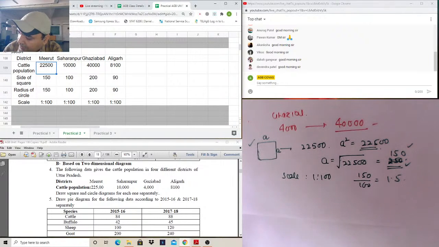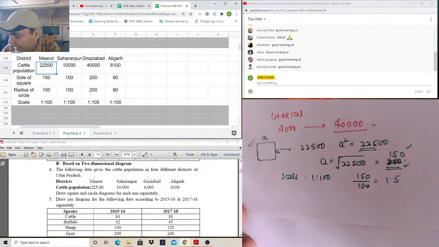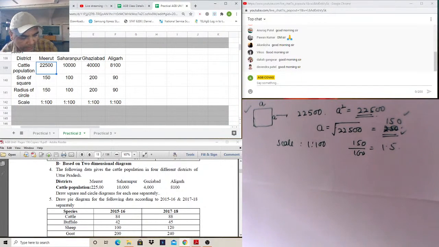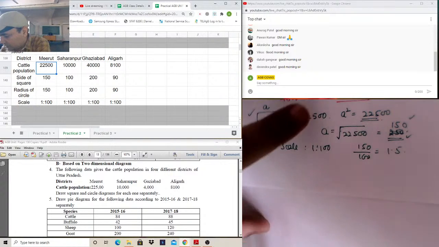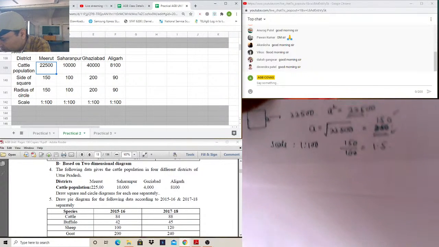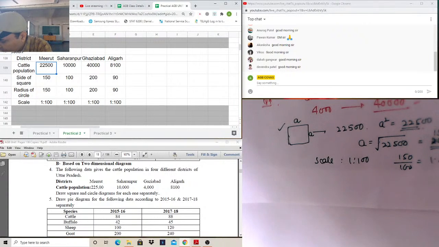So 1.5 centimeter or 1.5 inch will constitute the one side of the square. Okay. So how can you achieve this? So simple, you have to make a graph.